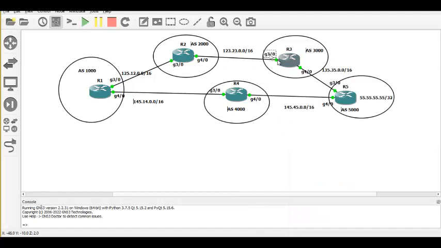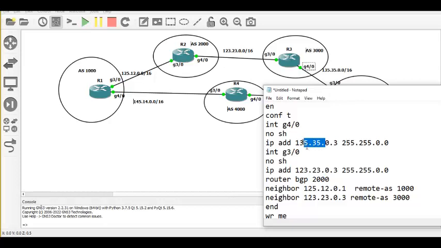This one is gig 4/0. So the IP, I think it would be 5. Yes, we are configuring on router 3.